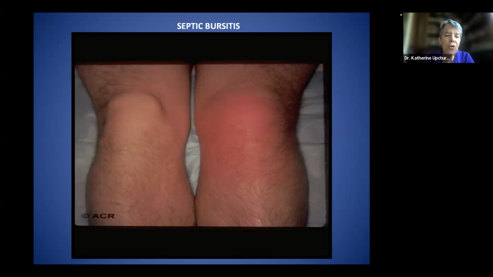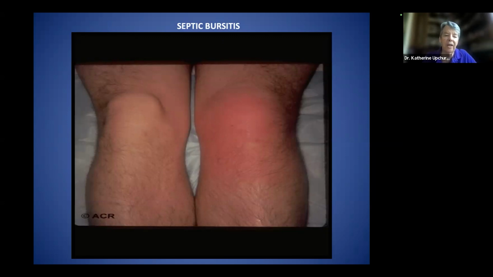It's a little tricky how you approach this because you don't want to stick a needle into an infected bursa or through infected skin into the bursa because you might introduce more infection than you by doing so. So basically, you have to treat this for a septic process, and then if it doesn't get better, you can assume that you've sterilized the skin and you can go in and aspirate and find out what the organism is.